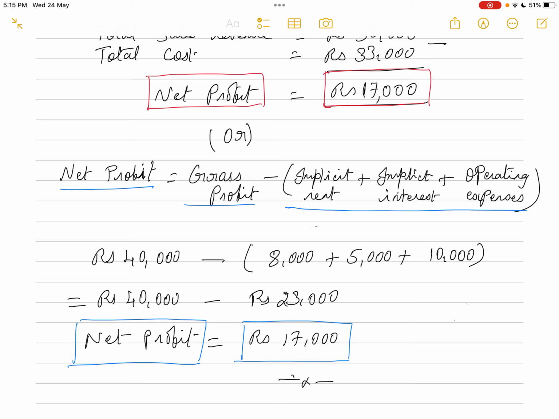So here we have seen net profit is equal to gross profit minus implicit rent, implicit interest and operating expenses.